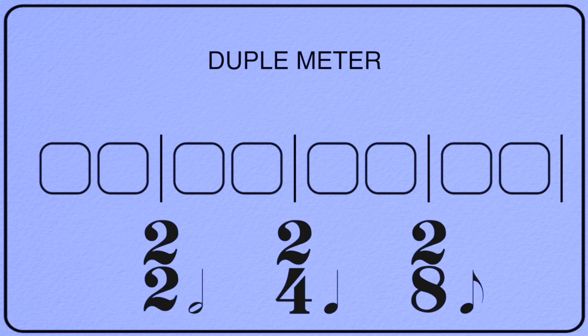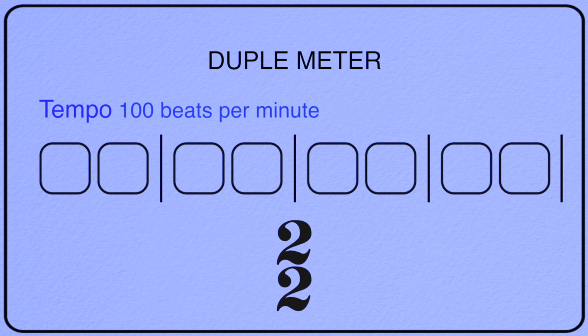And because these note values are all relative, 2/2, 2/4, and 2/8 would sound exactly the same. Neither one is faster or slower than the others. How fast they are is actually determined by tempo. Let's say our tempo is 100 beats per minute. In 2/2 time, that's 100 half notes per minute.